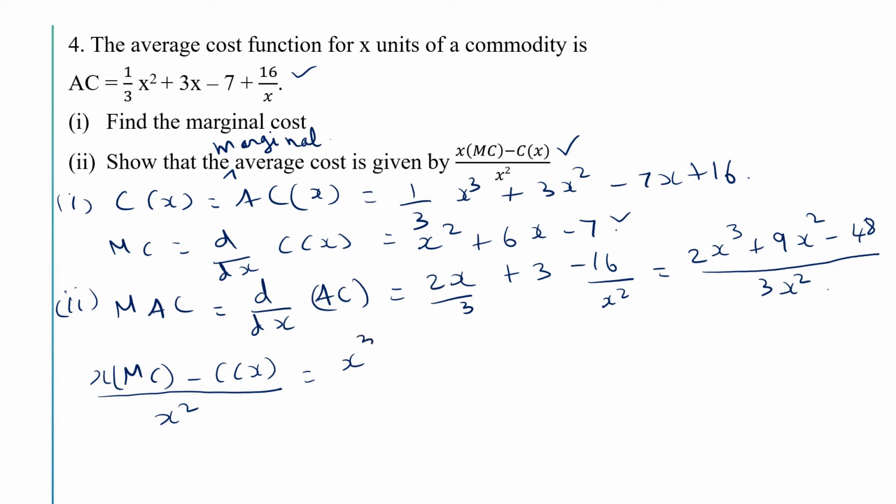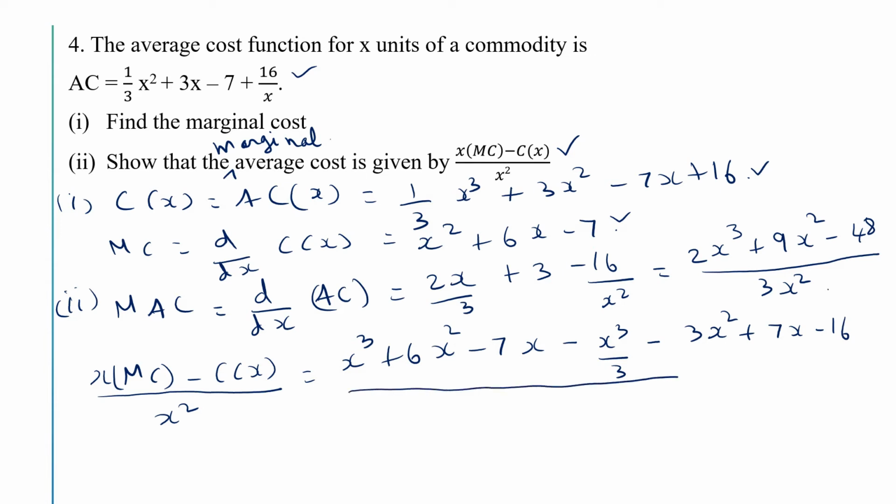So it is x cube plus 6x square minus 7x, minus the total cost, which is here x cube by 3 plus 7x minus 16, the whole divided by x square.